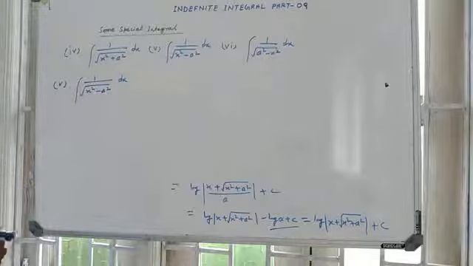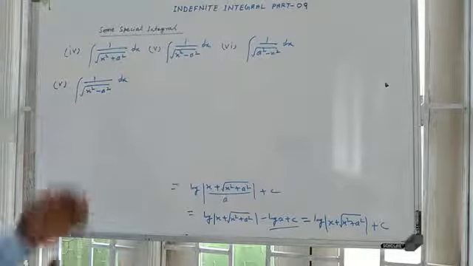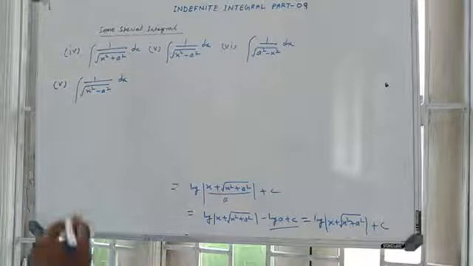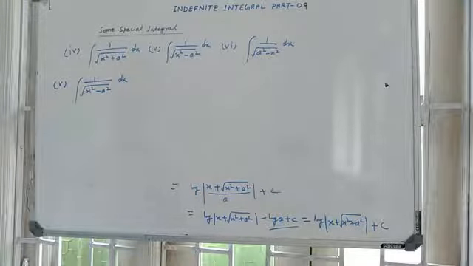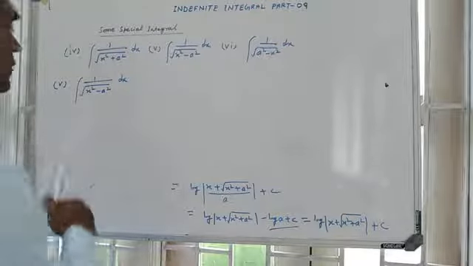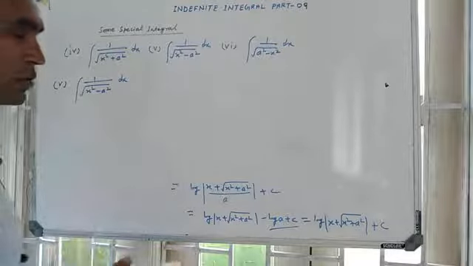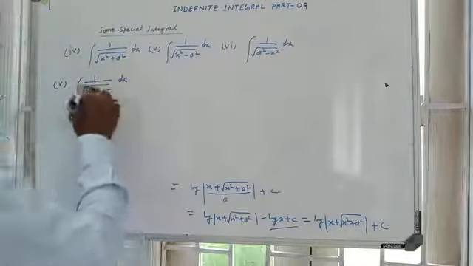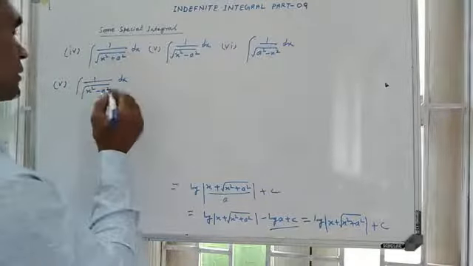Here also we have to think over how we will substitute. If you put x equals to a sec theta, then a square sec square theta, a square will cancel, then sec square theta minus 1 equal to tan square theta, and after taking the square root it will become tan theta.